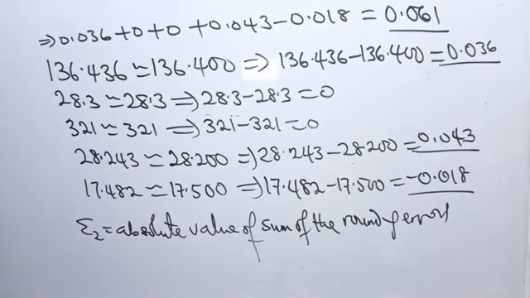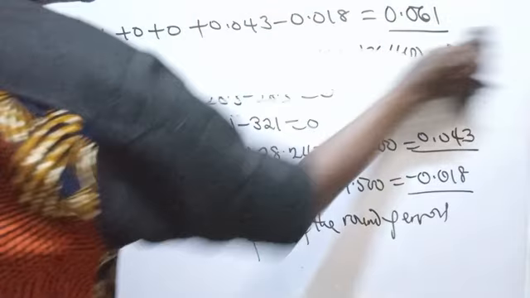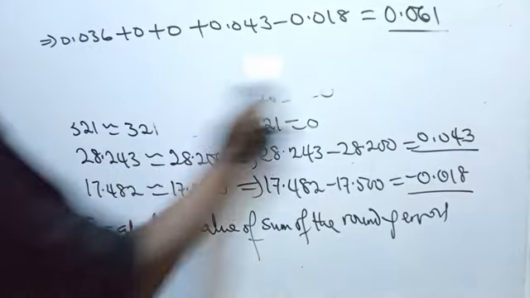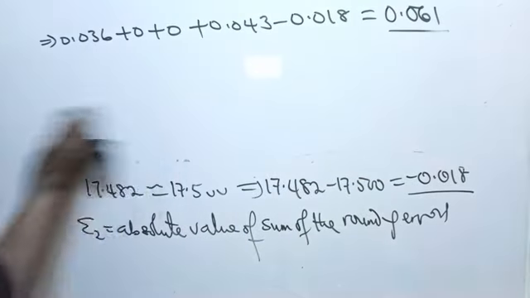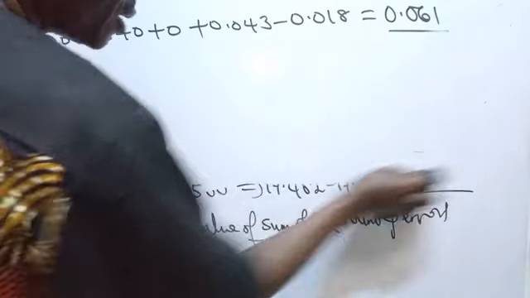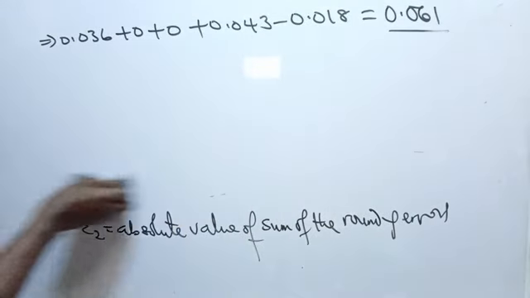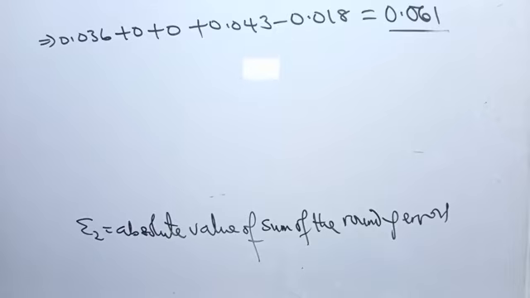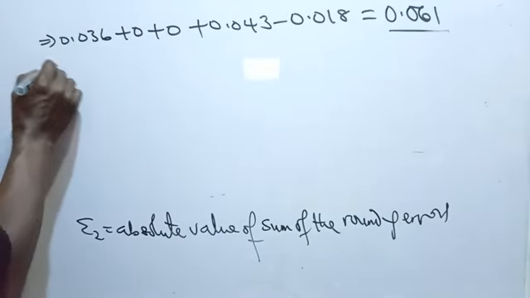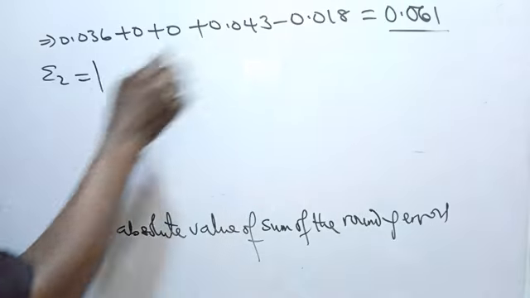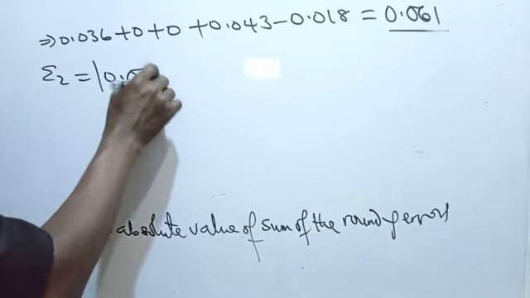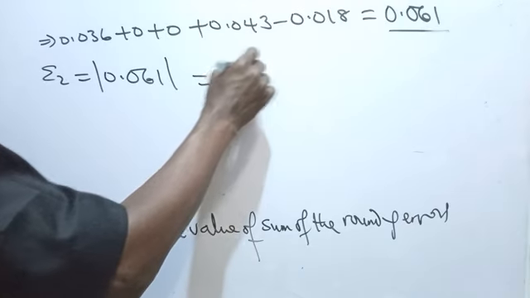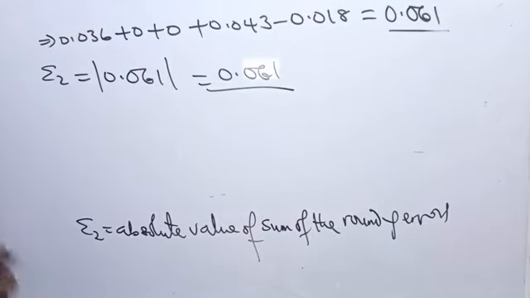We are done with this. 0.061 is the result for error 2, which is the absolute value. The absolute value of this is still 0.061. Beautiful. You have to first add them together before you find the absolute value.